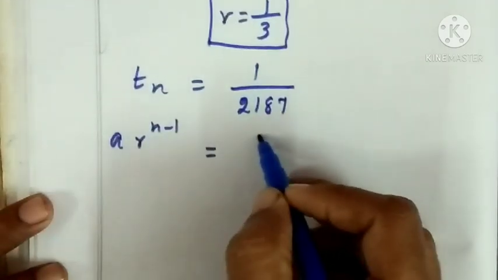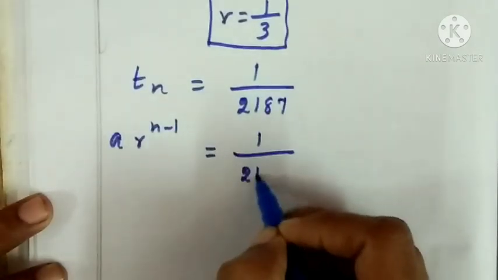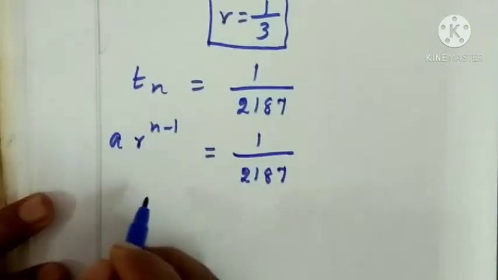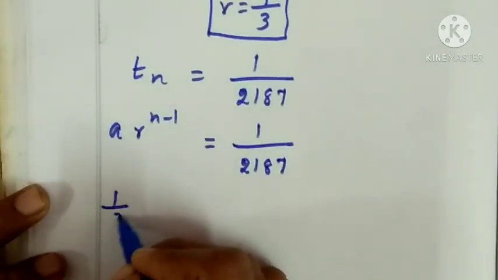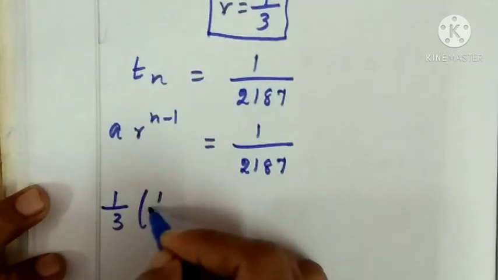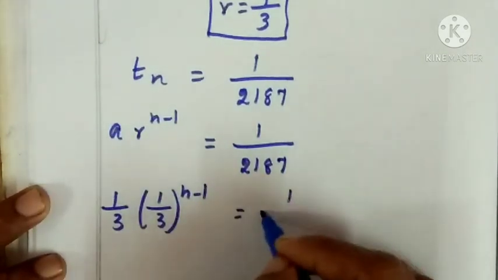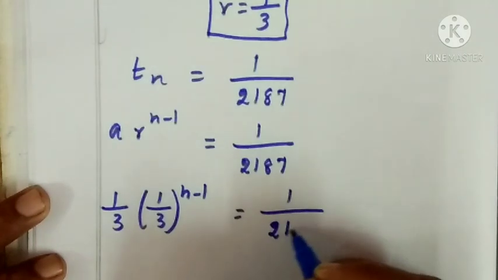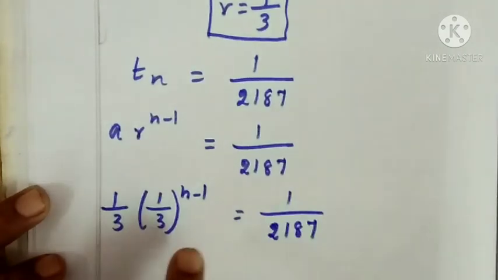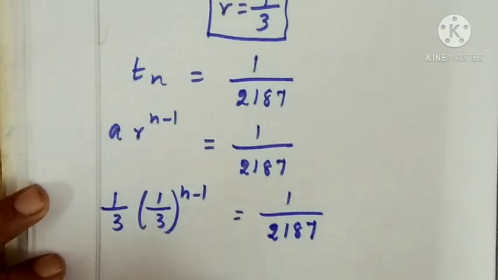Now you have to apply the nth term formula of GP, that is A into R power n minus 1 is equal to 1 by 2187. Here A is 1 by 3 into R is 1 by 3, the whole power n minus 1 is equal to 1 by 2187. Here also we need to find the value of n.